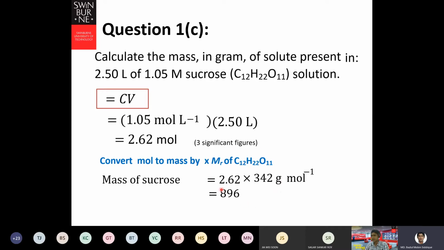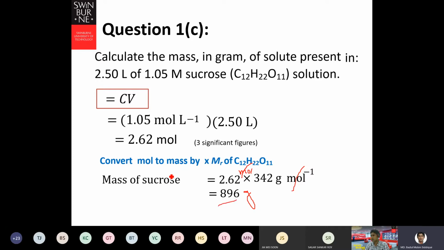I think in the PDF version that has been given to you, the gram and moles are written there. Here it should be gram. So here it will be mole as well, and this mole and this mole will be cancelled out, and here it will be gram only.